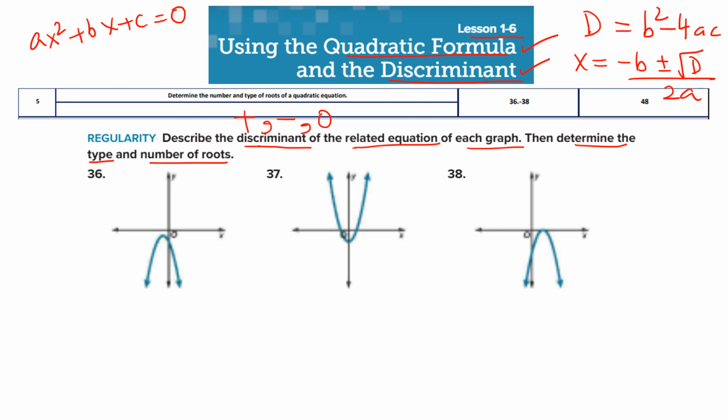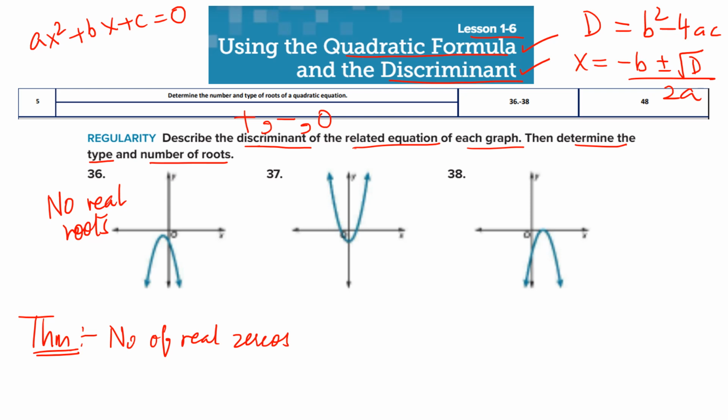First of all, the parabola is downward. Does it meet the x-axis? No. So when it doesn't meet the x-axis, that means there are going to be no real roots. Which theorem are we using? We are using the theorem, I will write here for you: number of real zeros is equal to the number of times the parabola, or the quadratic function, touches the x-axis.